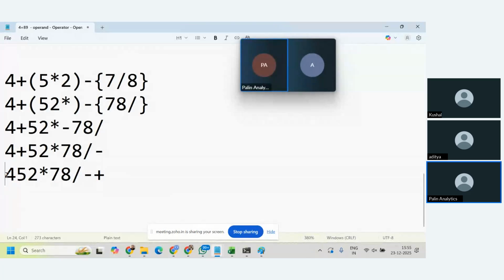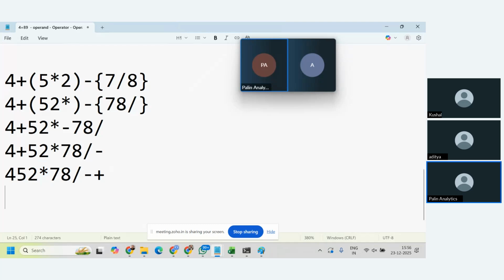Right. So in a stack, what will happen? First of all, it will push this 4, it will push this 5, it will push this 2. And as soon as it encounters this operator, what will it do? It will pop 2 and 5 from this. Understood? As soon as it triggers this, it will immediately do a pop operation on the stack, and it will take 2 and 5 from this, and then these two will be calculated. 5 into 2 will be 10.